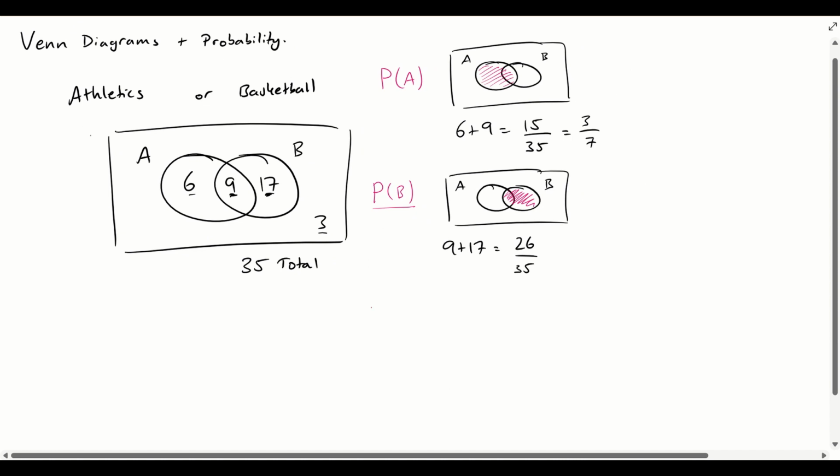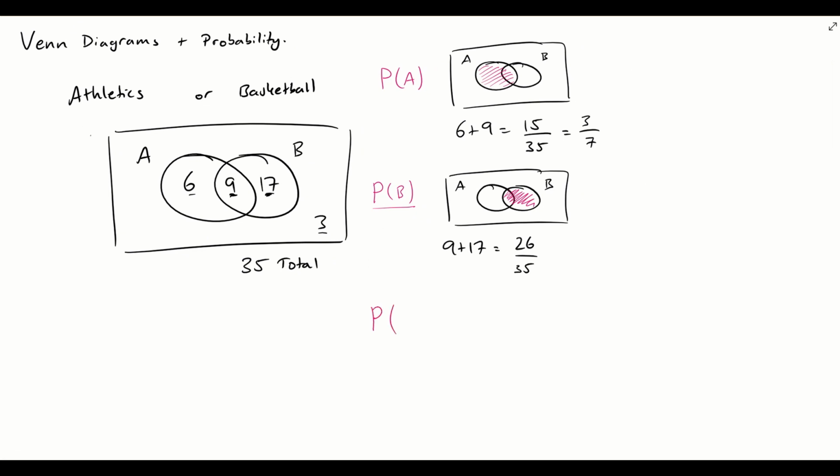Let's look at the probability now of somebody liking athletics or basketball. Okay, and what do we do when we've got this "or" here? Rather than writing "or", we write the probability of A union B. And we have this little U symbol that sits between the two. And what does that mean?